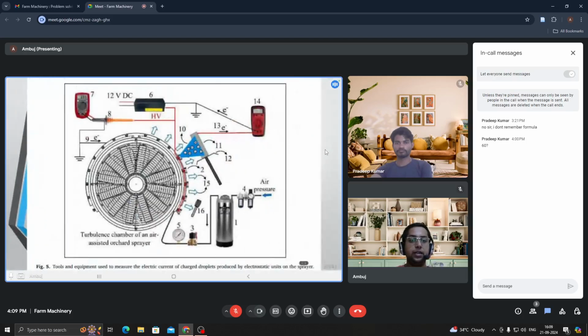Then the entire thing is there from the outlet. All the things I have explained to you. Air pressure is induced at unit number 4, you can see. Then a blower fan will blow the charged liquid along with the air.